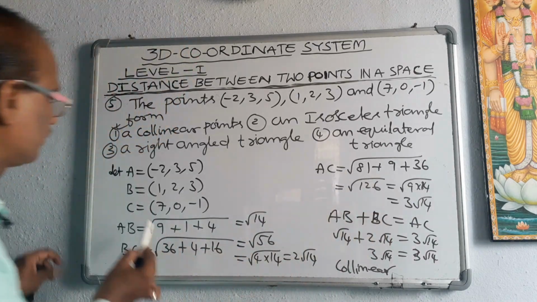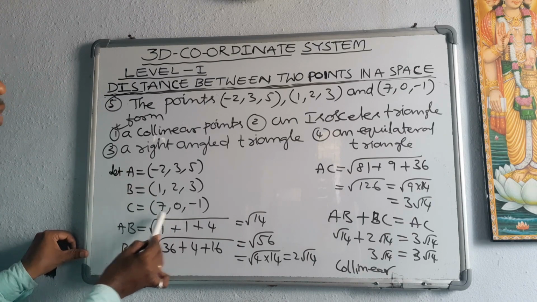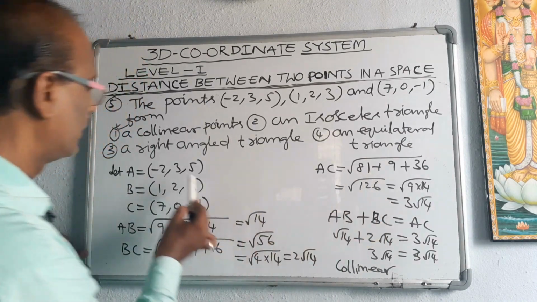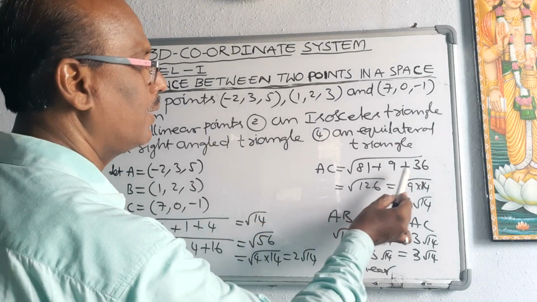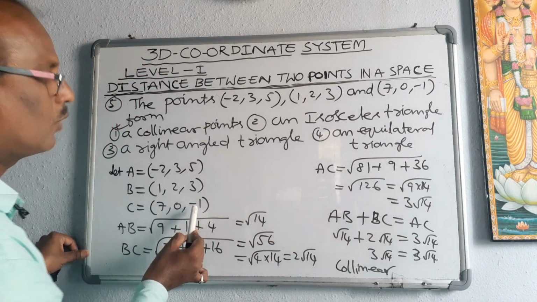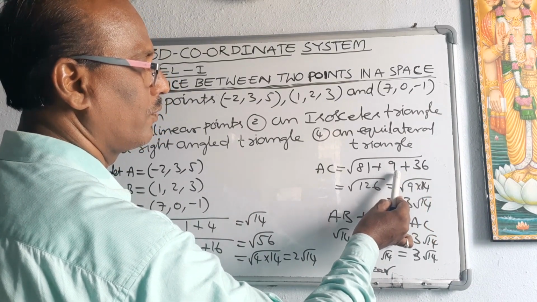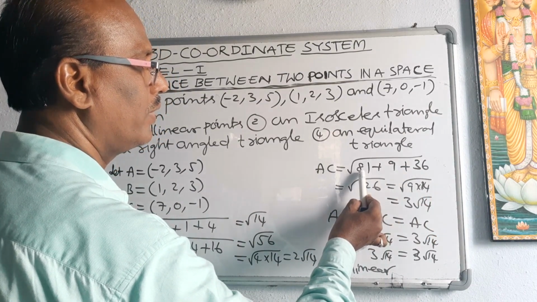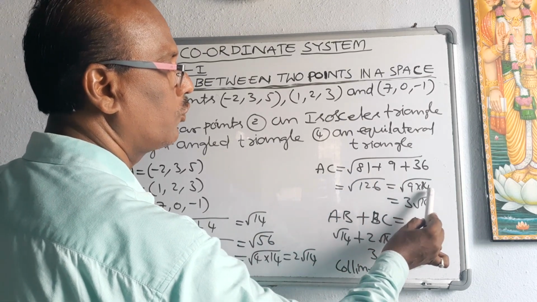AC length: (minus 2 minus 7) whole square 81, plus (3 minus 0) whole square 9, plus (5 plus 1) whole square 36. 36 plus 9 is 45, 45 plus 81 is 126, root 126, that equals 9 into 14.